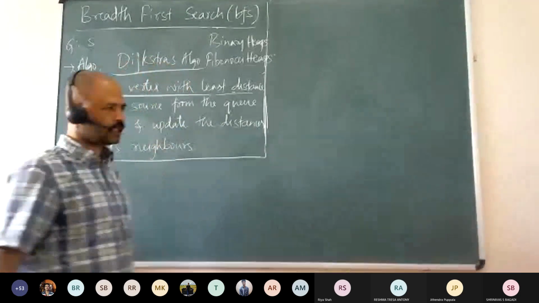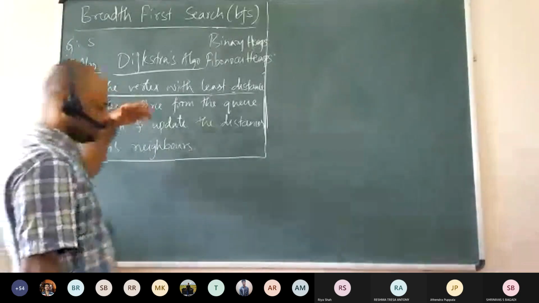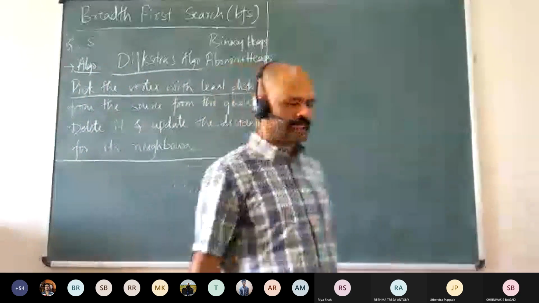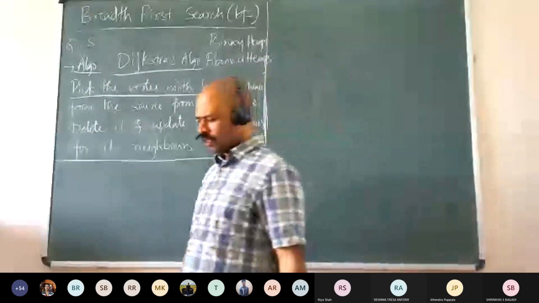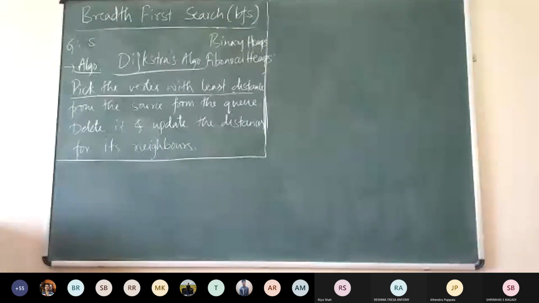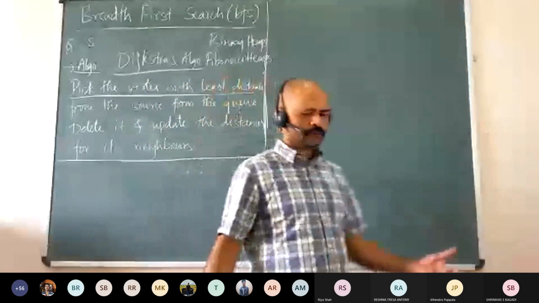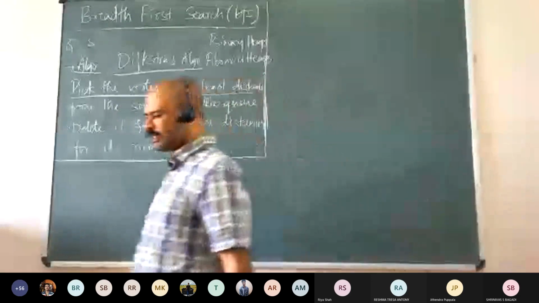Anyway, let us continue Dijkstra's algorithm, right? What we were doing in Dijkstra's algorithm is basically the same strategy as breadth first search, but we were a bit careful in choosing the next element so that we would be setting the distance correctly.